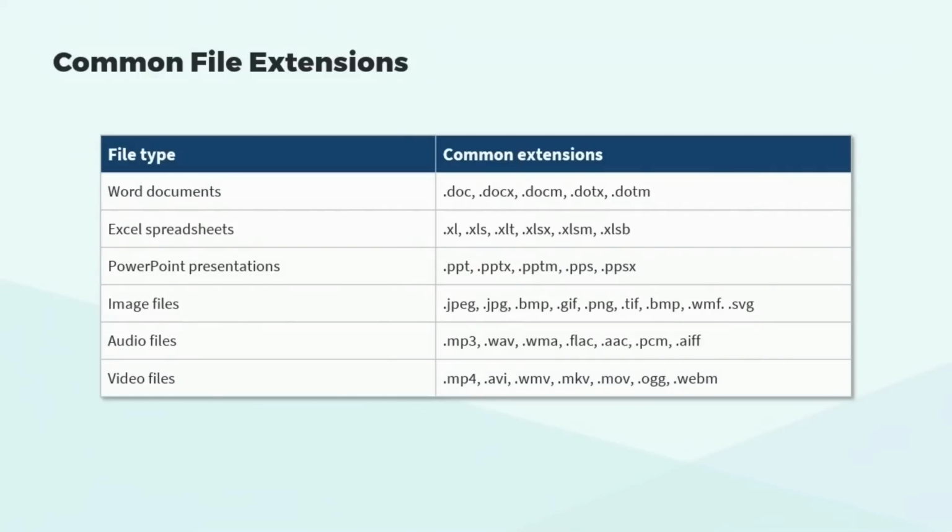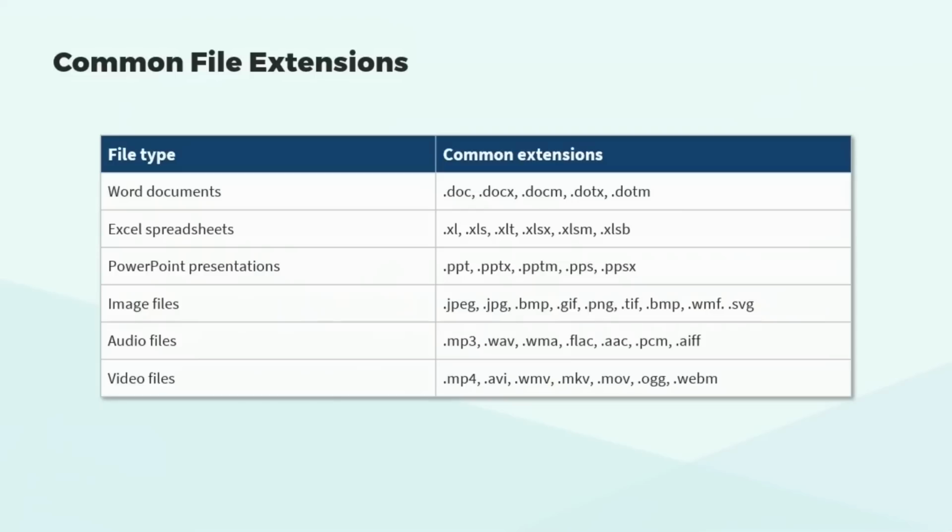Some common examples include Microsoft Word, which uses DOC, DOCX, DOCM, DOTX, and DOTM, among others. Microsoft Excel uses XLS, XLT, XLSX, XLSM, and XLSB, and Microsoft PowerPoint supports PPT, PPTX, PPTM, PPS, and PPSX.